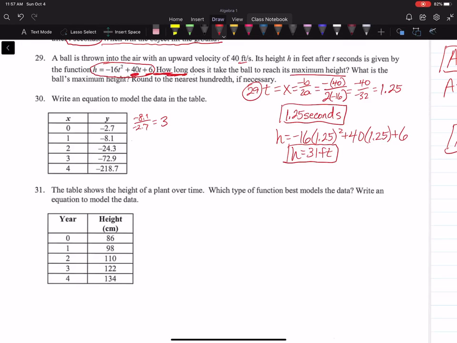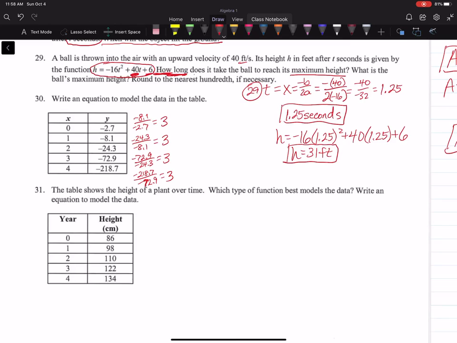Then negative 24.3 divided by negative 8.1 is also 3. Negative 72.9 divided by negative 24.3 is 3. And last but not least, negative 218.7 divided by negative 72.9 is also 3.